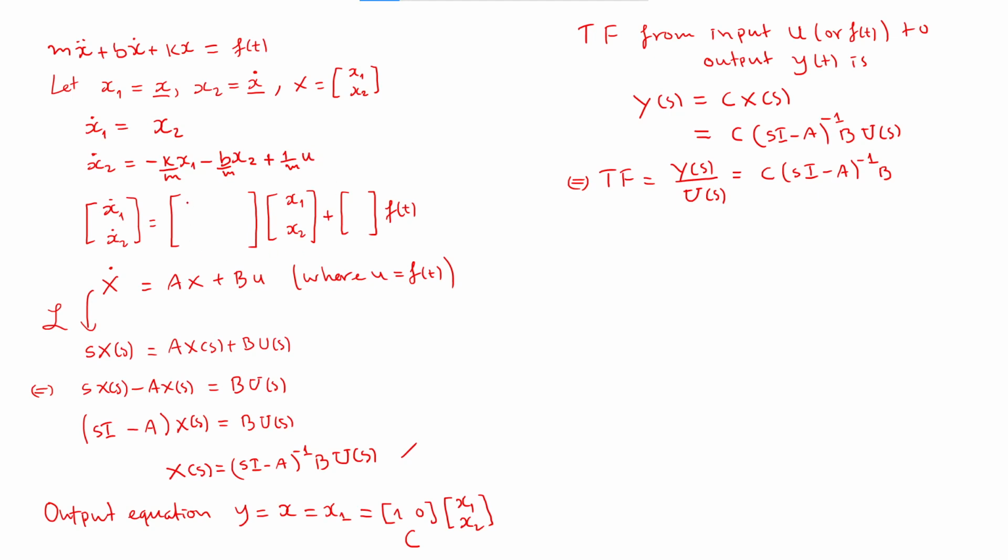So in here we have A as 0 1 and minus k over m, minus b over m, and here B is 0 and 1 over m.